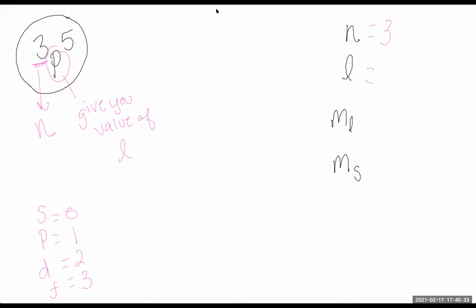So Mauricio said, yeah, 1. That's correct. Because this is what we're going to use when we're trying to find our angular quantum number. We're going to refer to this. So because we have a P right here, it's going to be equal to 1. Okay.